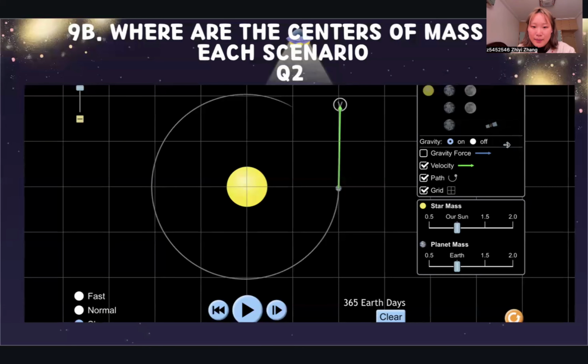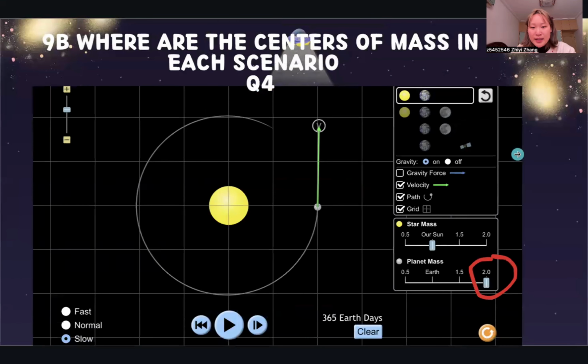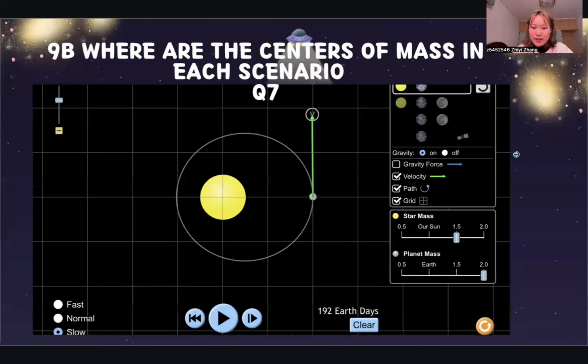For question 9b, here are the pictures provided for previous questions. Each of the planets and moons moves around their common center of mass, but the Sun dominates. So the center of mass is very close to the Sun and is only slightly displaced by the mass of the Sun or the mass of the planet.